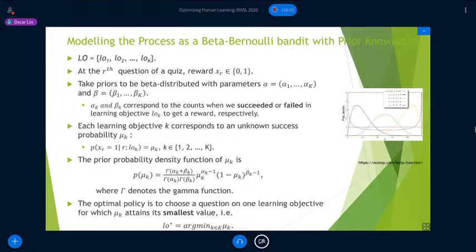Alpha and beta correspond to the counts of successes or failures in learning objectives, getting a reward respectively. Then we can calculate the prior probability density function of mu k. The optimal policy is to choose a question for the learning objective for which mu k attains its smallest value.